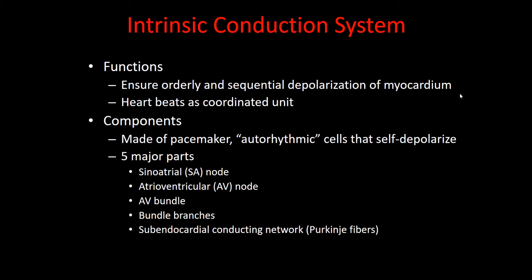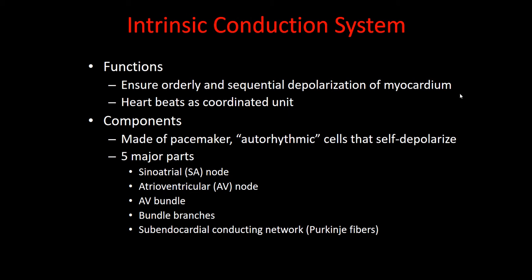The atria depolarize, and then the atria contract. The ventricles depolarize, and then the ventricles contract. Having this series of nodes, this sequence pattern of these pacemaker cells, really ensures that we have this very coordinated system.